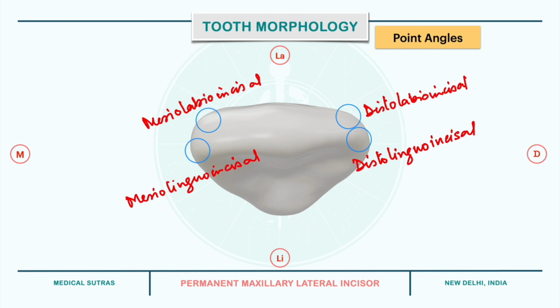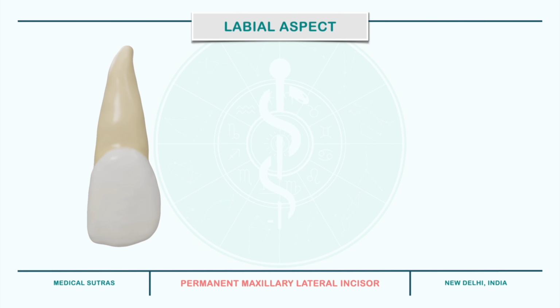Now let's study the tooth morphology in detail from different aspects, starting with the labial aspect. The crown surface is smooth and the outline is trapezoidal in shape.